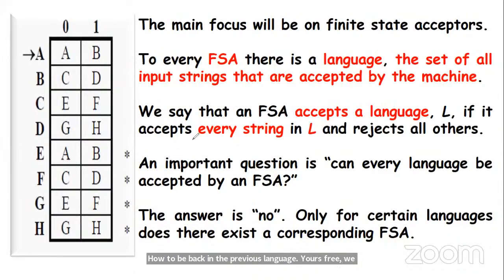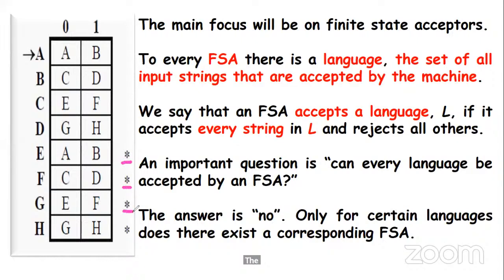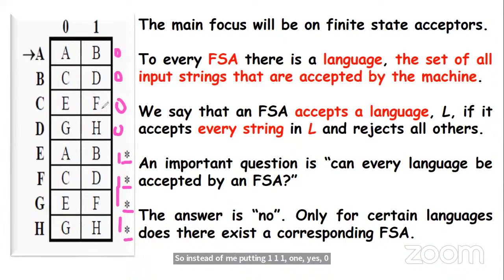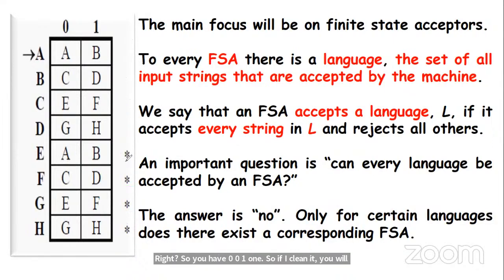The accepting states are represented with what? Asterisk. So instead of me putting 1, 1, 1, 1, then here is 0, 0, 0, 0. So this can be a notation that, okay, this is the output for a Moore machine, right? So you have 0, 0, 1, 1. So if I clean it, you will see that it's just being represented with what? Only asterisk. Do you understand up to this point?